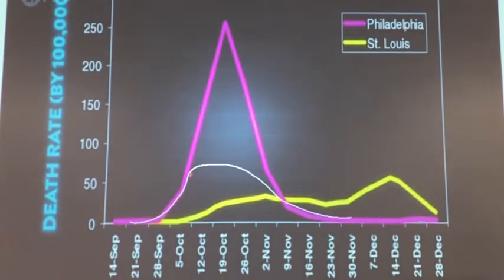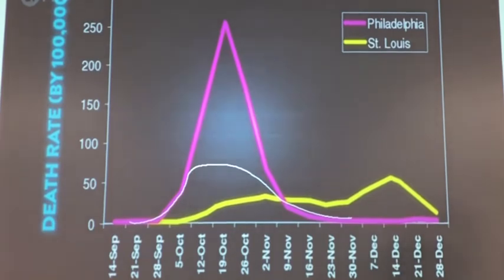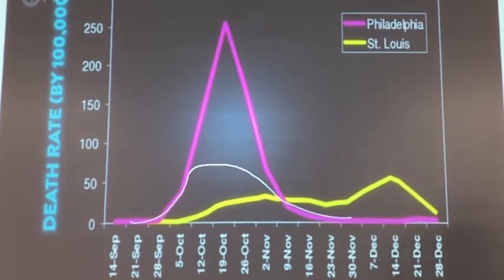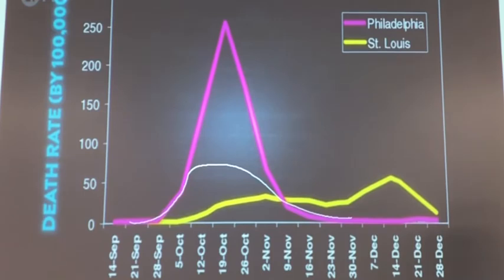So by flattening the curve here, what we're trying to do is save lives, of course. That's obviously important. But what we really want to do is not overload our healthcare system and get a situation that's completely unmanageable. That is the idea of what we're doing right now across this country of ours.